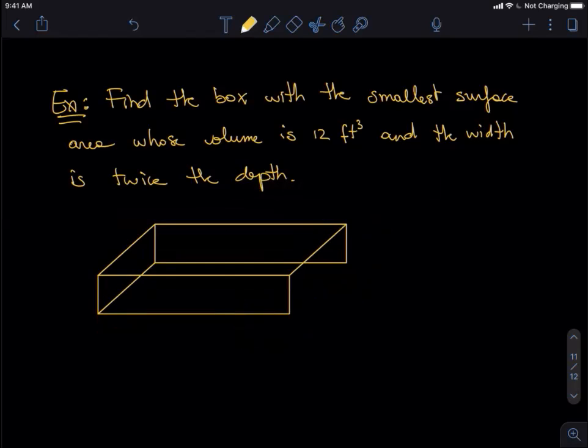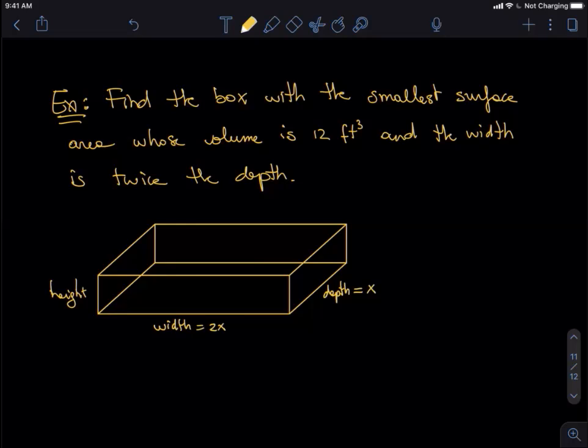So we have, let's say this is the width, this is the height, and then we have the depth. So what are the specifications? It says the width is twice the depth, and that's it. So let's say that the depth is x and the width is 2x.